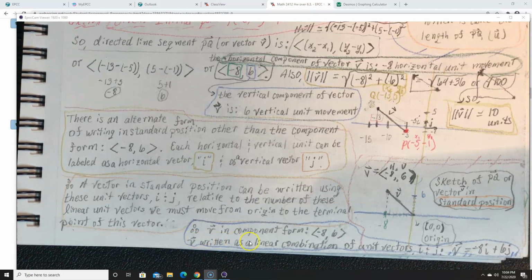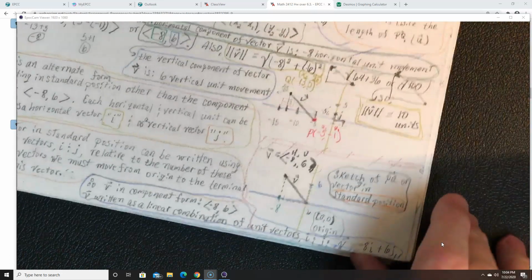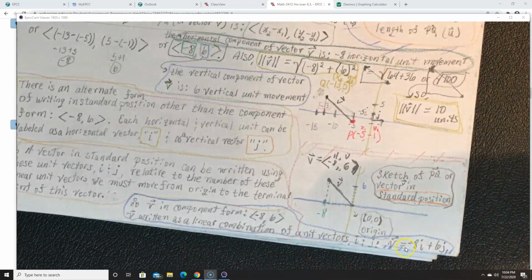Vector v can be written as a linear combination of unit vectors i and j, and we can say that vector v is equal to -8i plus 6j. Each one of those horizontal unit vectors is called i, so it's -8 of those unit vector i's, plus the vertical movement up to the terminal point is one of those unit vector j's plus another one, a third one, a fourth, a fifth, a sixth one.